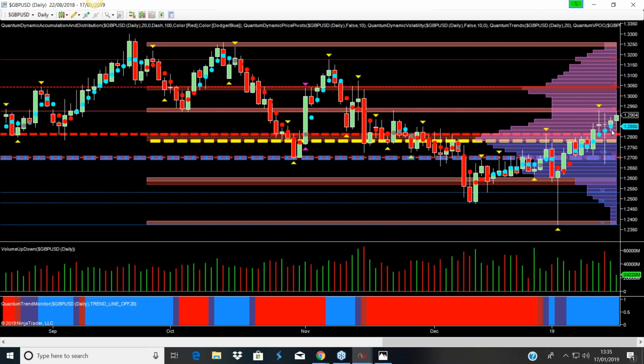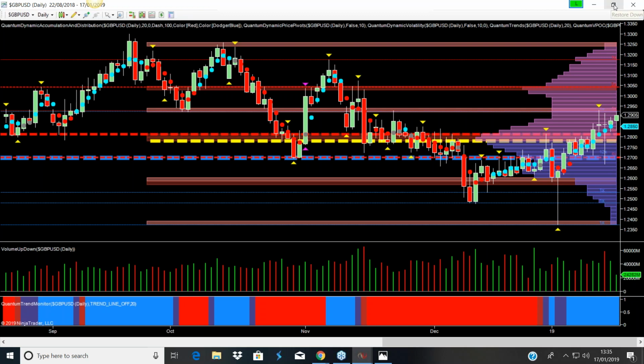You've got a wick to the bottom of that candle, a reasonable amount of volume in there, not a huge amount, and that was on the result of the vote of confidence. I suppose that was much more of a binary thing. Yeah, she won that. That was good news. There's stability. There's not going to be a general election yet. So the markets were relieved, as it were. So that's where we are with cable at the moment.